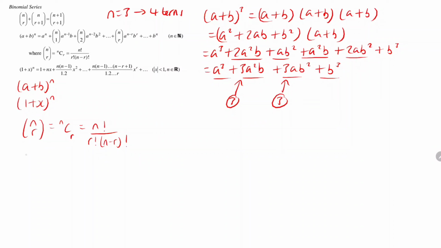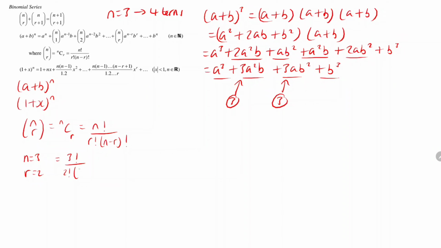Now, how could you obtain those numbers using this formula? Well, our n value was equal to 3, because we were raising to the power of 3. And we want to find out what the coefficient is for the second term. So r is equal to 2. We would substitute that into this formula. So we'll have 3 factorial over 2 factorial times (n minus r) factorial.